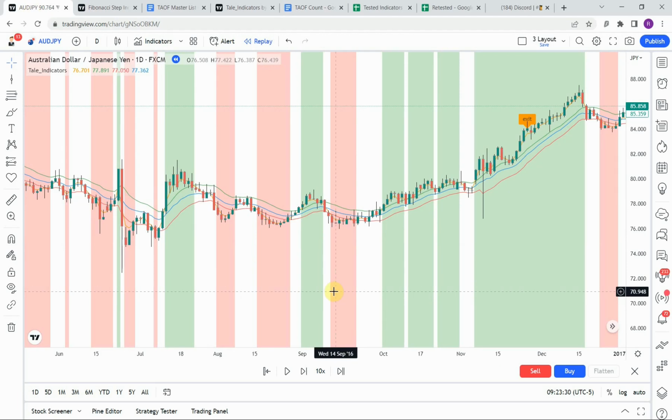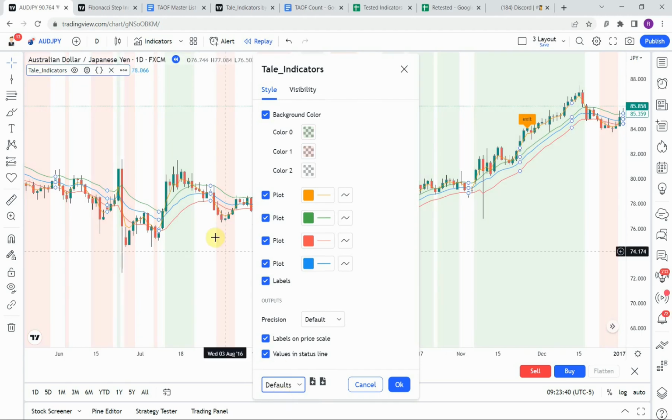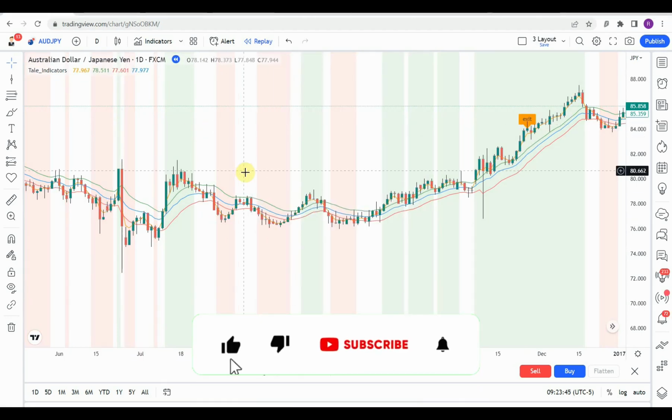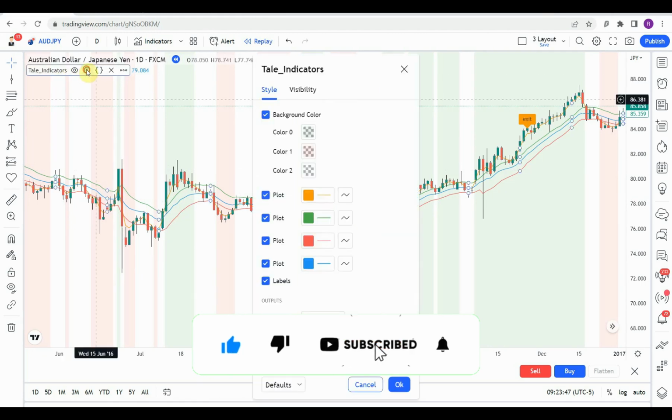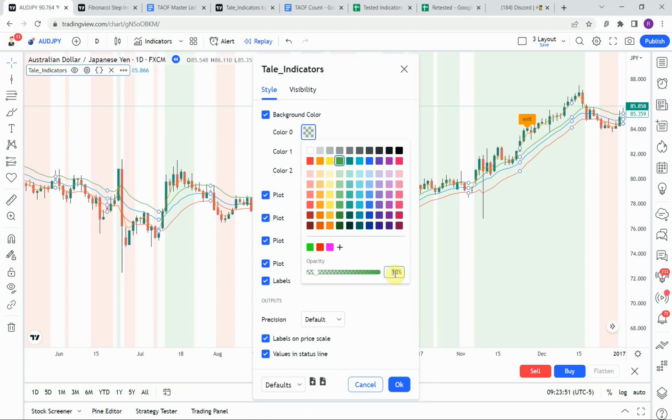Alright, so today we are looking at an advanced testing of the tail indicator, and so you can see it here on screen. I did make a slight modification to the settings here, and again just the visual aspect of it. I went in and changed the color 0 and bumped up the opacity, I think, to say 30.